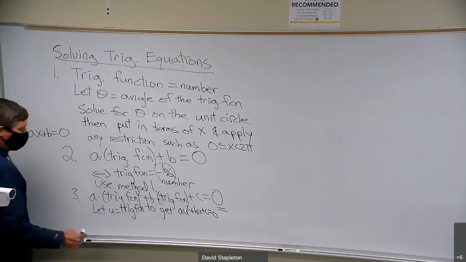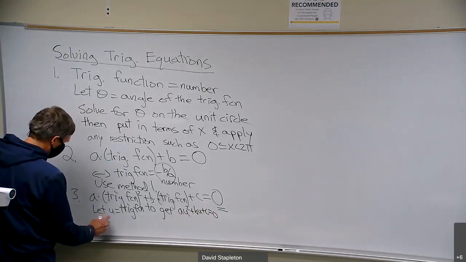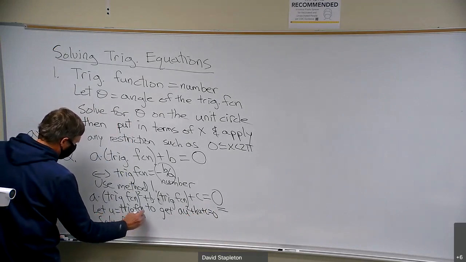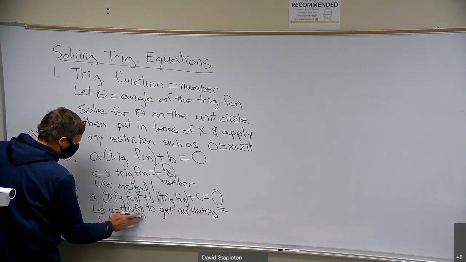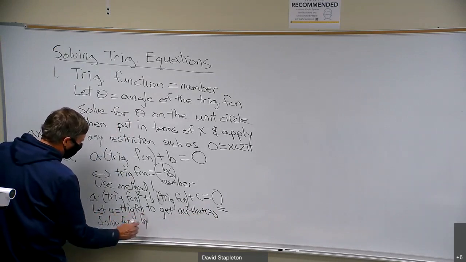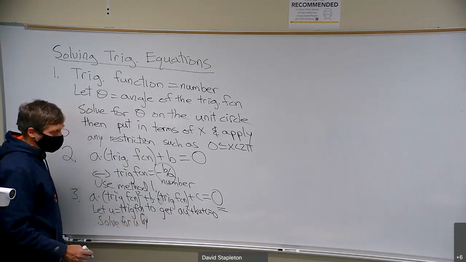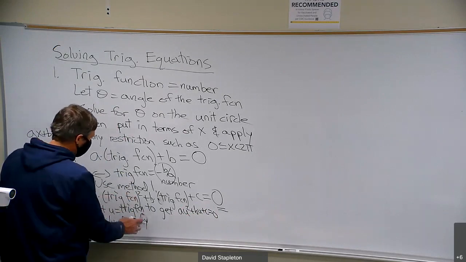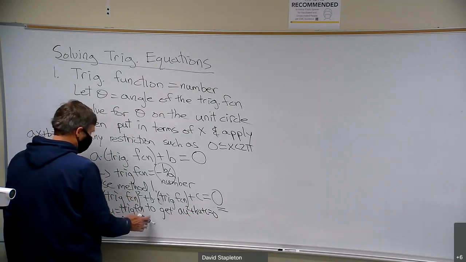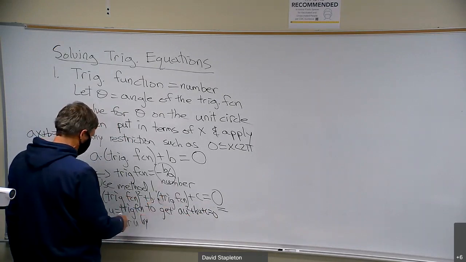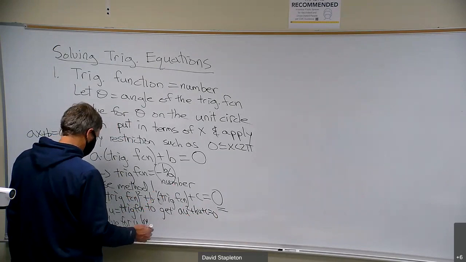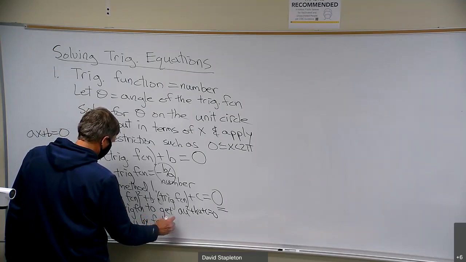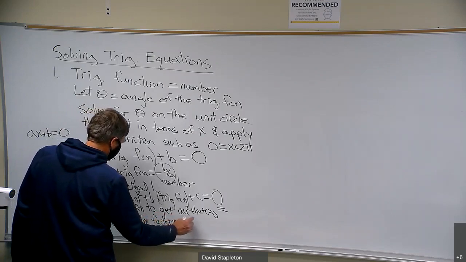And solve for u by factoring or the quadratic formula, either way. Factoring is sometimes faster and it generalizes to higher powers if you have more than second power. But the quadratic formula always works. So the quadratic formula, if you want, you just use it on all these test problems where you have a quadratic equation in a trig function.